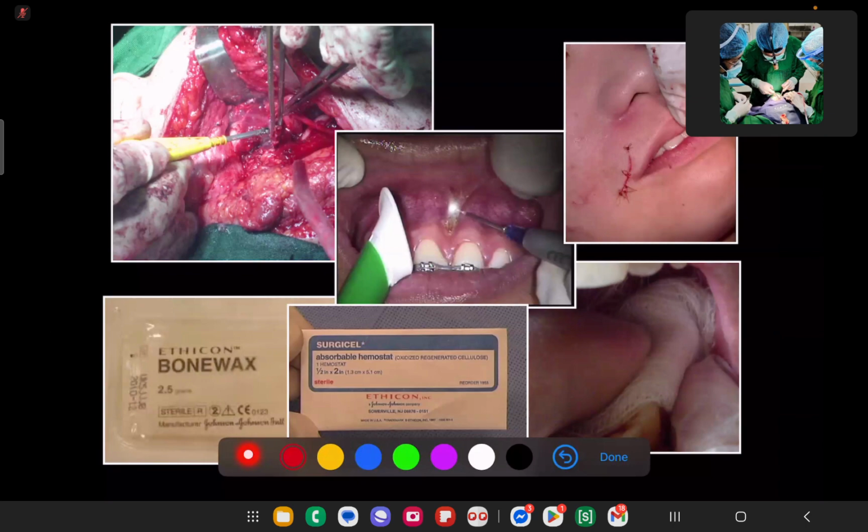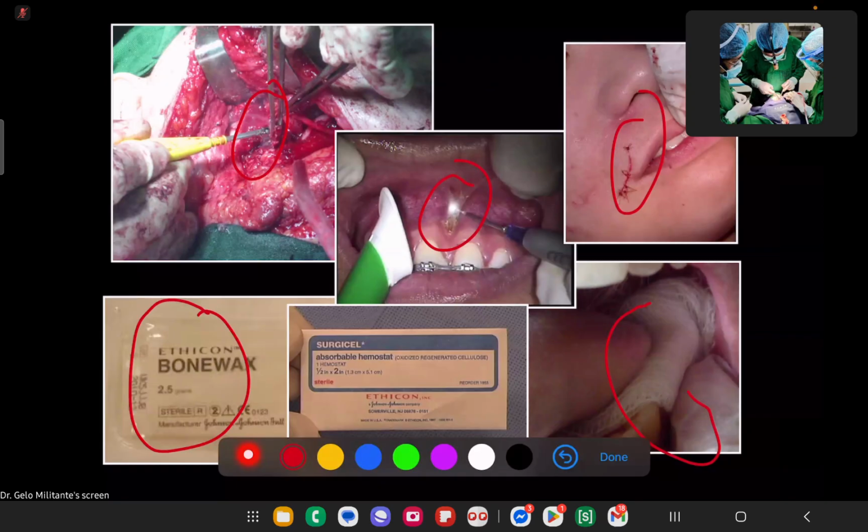So basically, there are several ways on how you manage bleeding on the patients. You have what we call cautery or lasers. You would have stitches. You would have pressure packs, and of course, cautery or coagulation. But if the bleeding is towards the bone, you could put in bone wax or paraffin waxes.